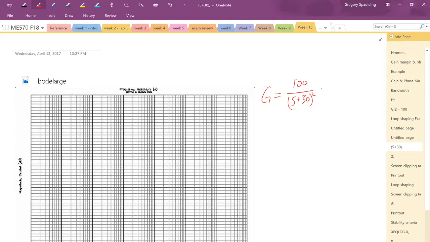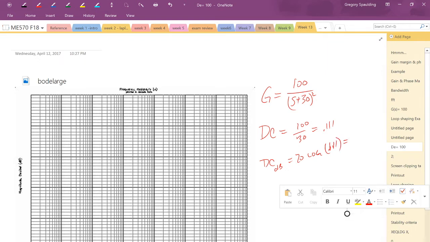But let's see what we can do with it as far as a Bode loop shaping is concerned. So let's calculate the DC gain, which is going to be 100 over 30 squared, which is going to be 0.111, and the dB is going to be 20 log 0.111, which is going to be minus 19.